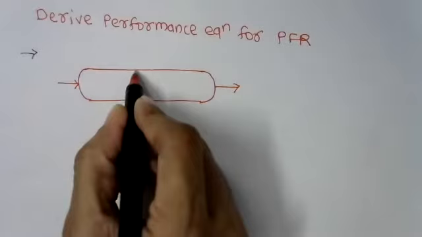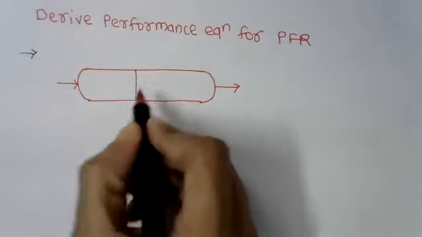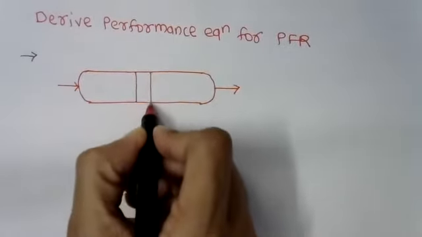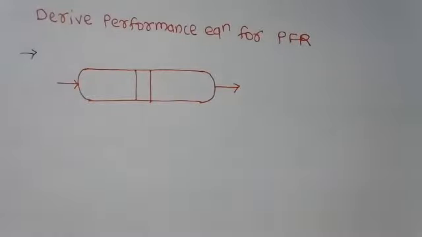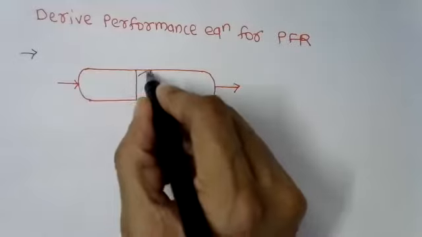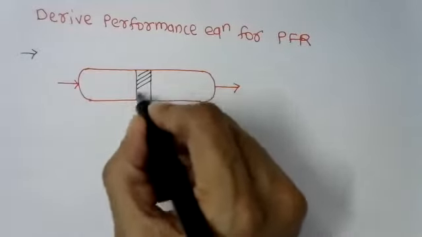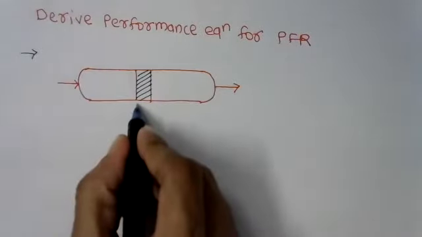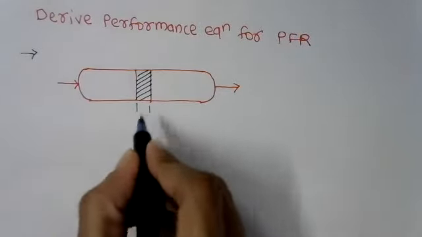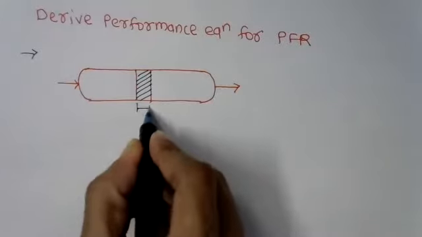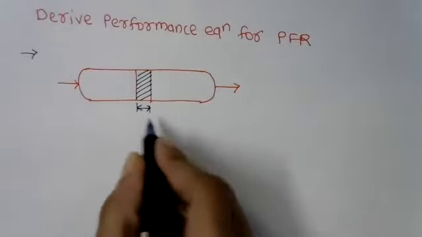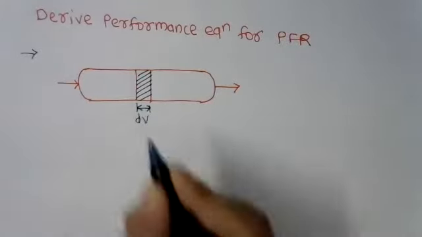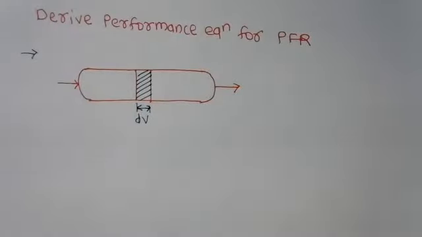Now suppose I am considering an elemental portion of this particular plug flow reactor. Let us consider the volume of this particular portion is dV, differential volume.